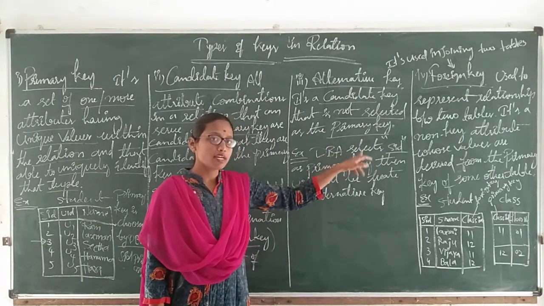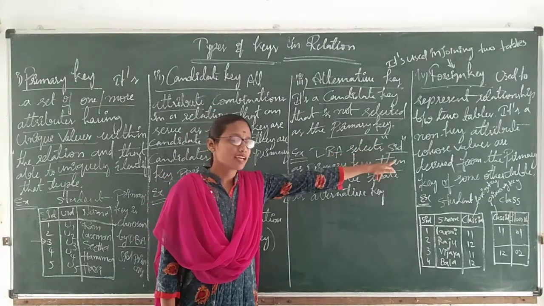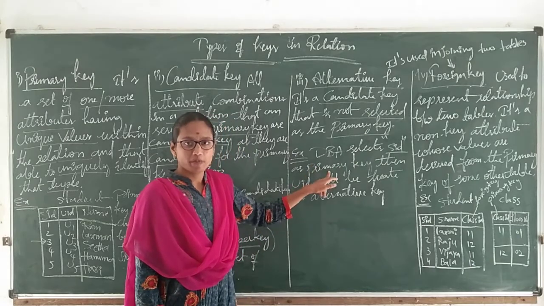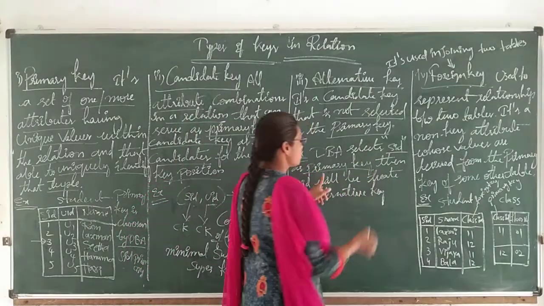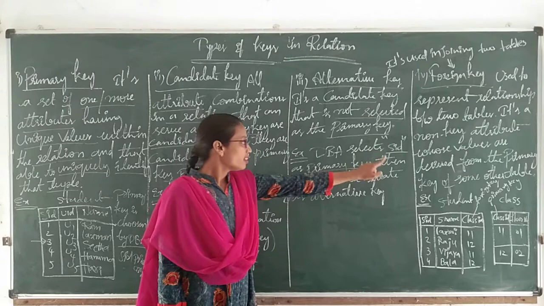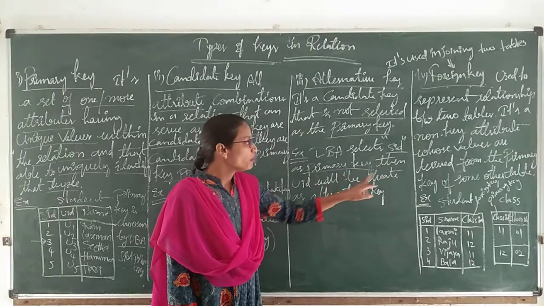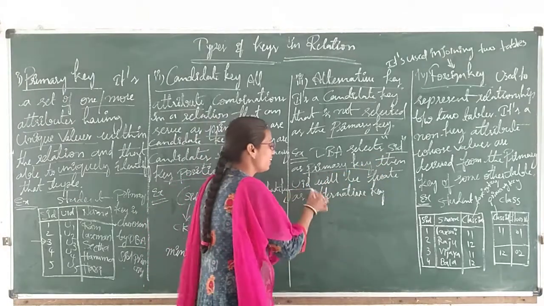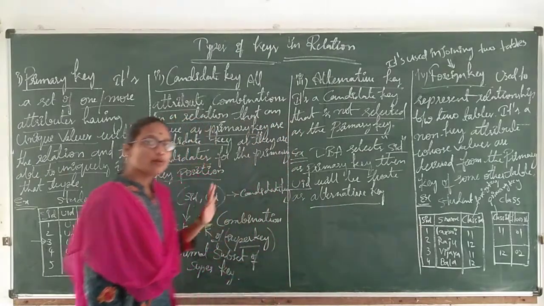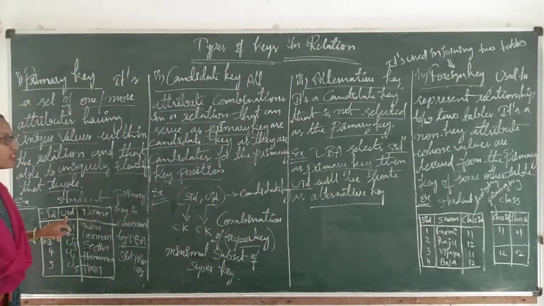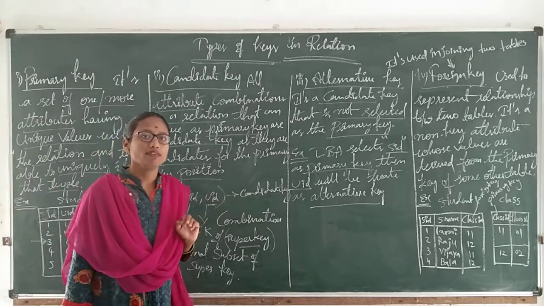The DBA, the database administrator, selects SID as the primary key. We know this as the primary key. Then UID will be treated as the alternative key.